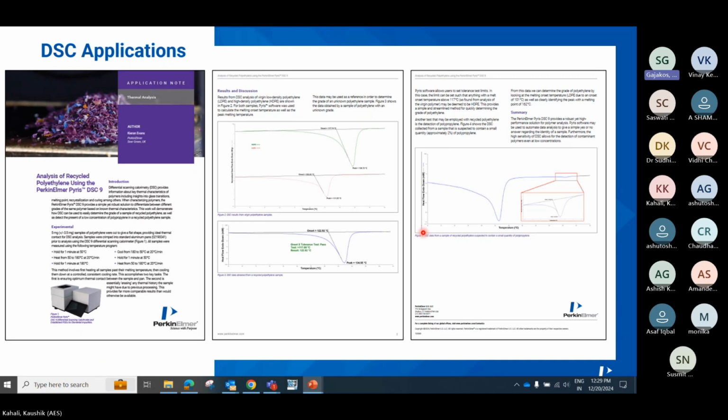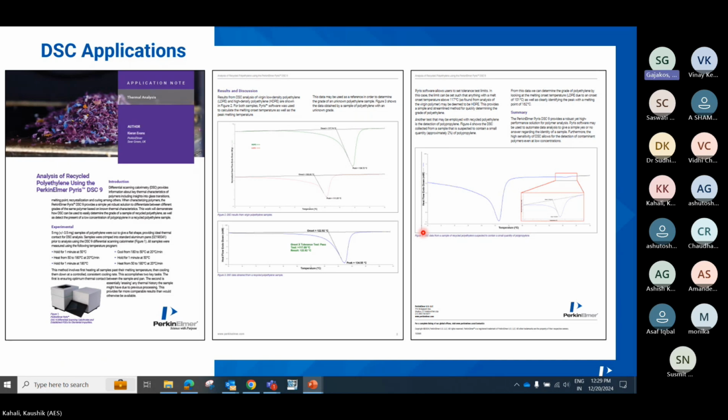Whatever plastic products are coming to the market, the government is trying to push the industry to use at least 30% recycled polymer. So a lot of manufacturers have started using recycled polymers, but they also have to take care of the quality of the plastic they are manufacturing.